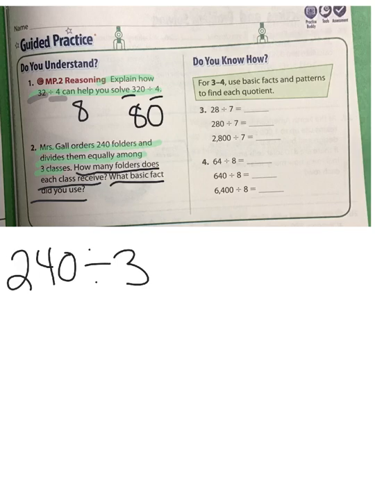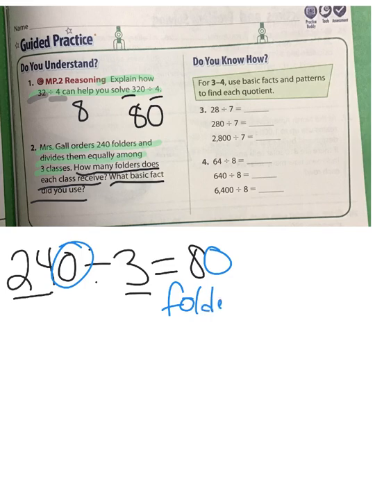Think to yourself, 3 times what is 24? 3 times 8 is 24. Then we have a 0, so we need to add our 0 to our quotient. Our answer is 80 folders. And the basic fact that we used was 8 times 3 equals 24.